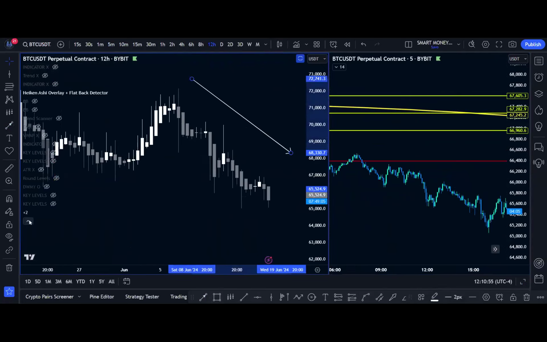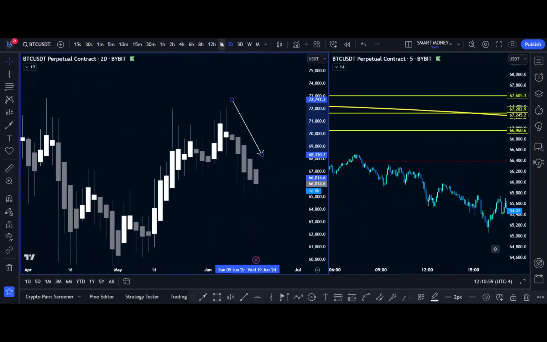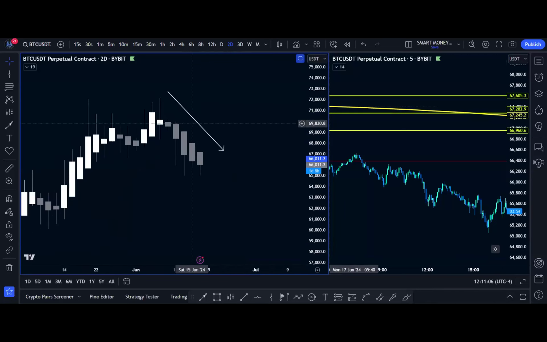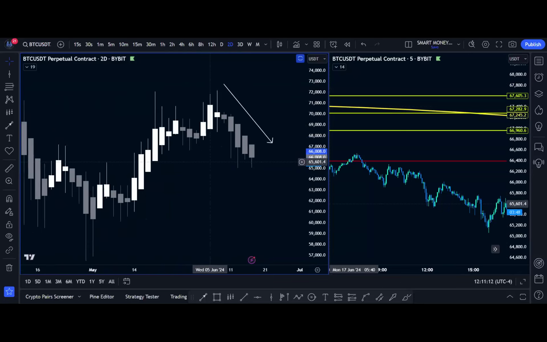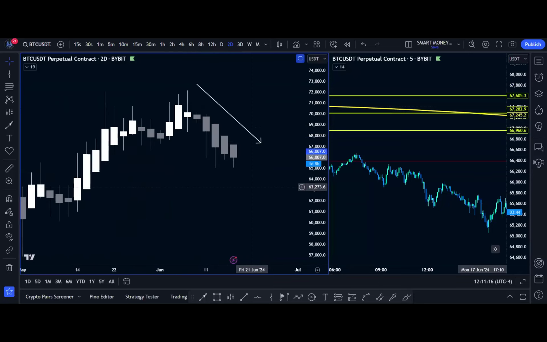Let me go into a higher time frame, let's look on a daily. If I go into a 2-day, you can see we've got multiple bearish candles forming over here. So we're on a downtrend on BTC within the last 2, 4, 6, 8 days.